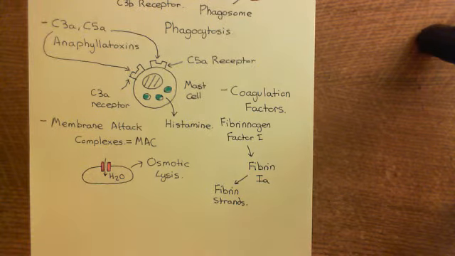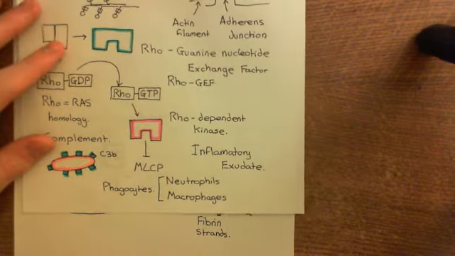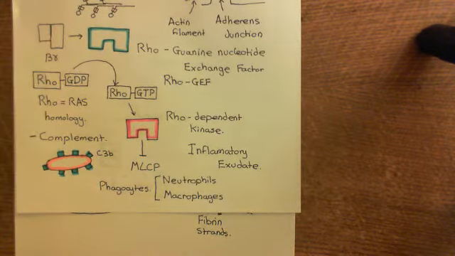Okay, and before we move on, I want to talk about one thing that I might have missed earlier on, which is that when you form this inflammatory exudate, you're bringing all this new fluid into this area of inflammation. Now that's going to cause swelling of this area.